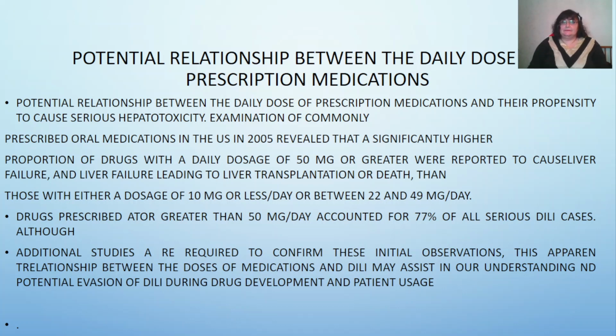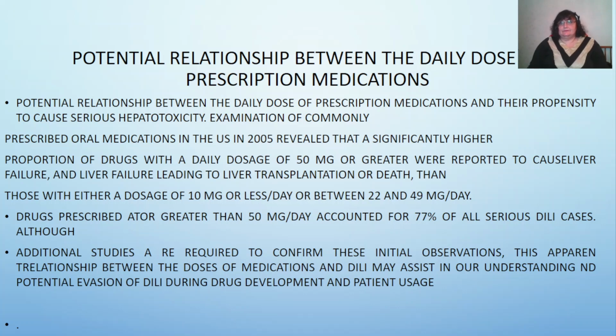Examination of commonly prescribed oral medication in the United States in 2005 revealed a significantly higher proportion of drugs with daily dose of 50 mg or greater were reported to cause liver failure and liver failure leading to liver transplantation or death than those with either dosage of 10 mg or less per day or between 11 and 49 mg per day.